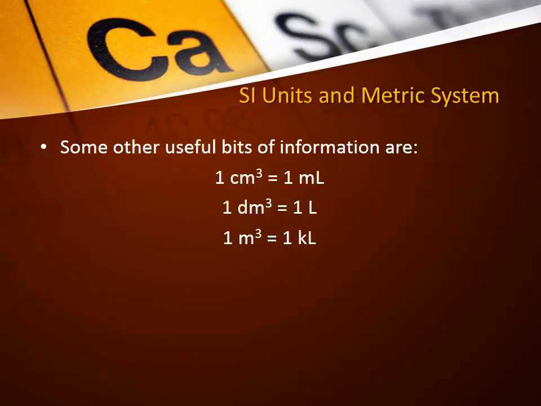Other useful pieces of information are that 1 centimeter cubed is equal to 1 milliliter, meaning if I were to draw or make a box, and this box was a centimeter by a centimeter by a centimeter, and I were to fill that box with water, that would be 1 milliliter of water.